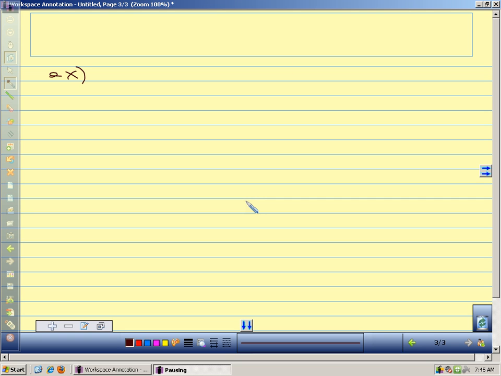All right, let's look at a mass integral for mass first. So we want the mass of the planar lamina where our region is bounded by x greater than or equal to 0 and 0 less than or equal to y less than or equal to 9 minus x squared.